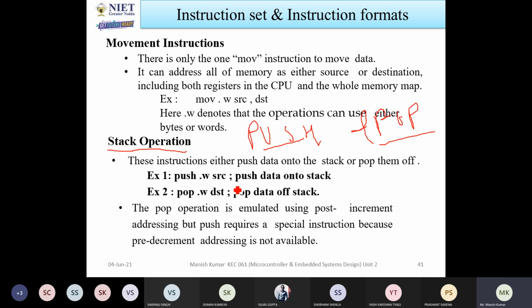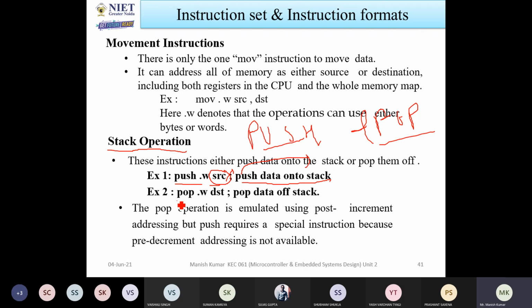Now, for example, you can see push.w source, push data onto stack. Okay, so this source and DST represent the source registers or destination registers. So whenever we write push.w source, it means that whatever data is available in the source register, that data will be stored in the stack memory.